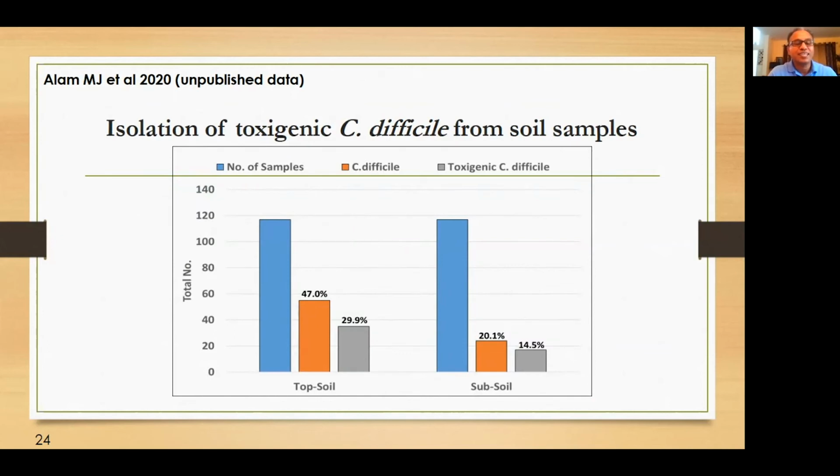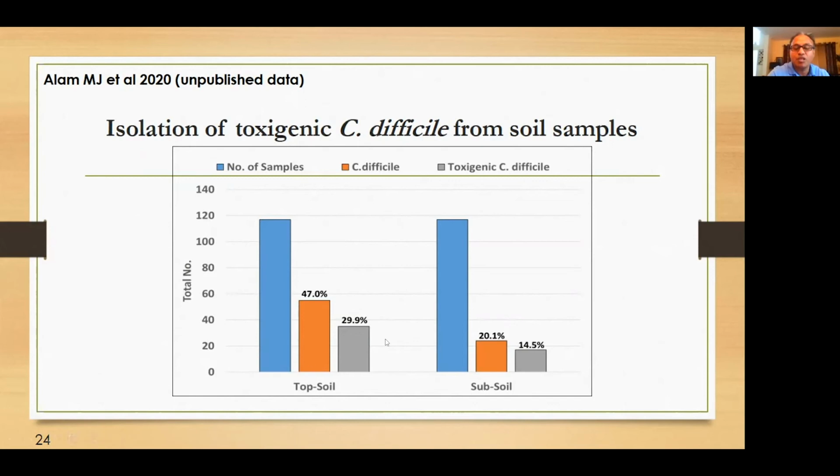And we collected some samples and found that there are two types of soil samples, topsoil and the subsoil. On the topsoil, as it is mostly contaminated with fecal material, we found more toxigenic C. difficile. Around 30% of the topsoils are contaminated with C. difficile spore.